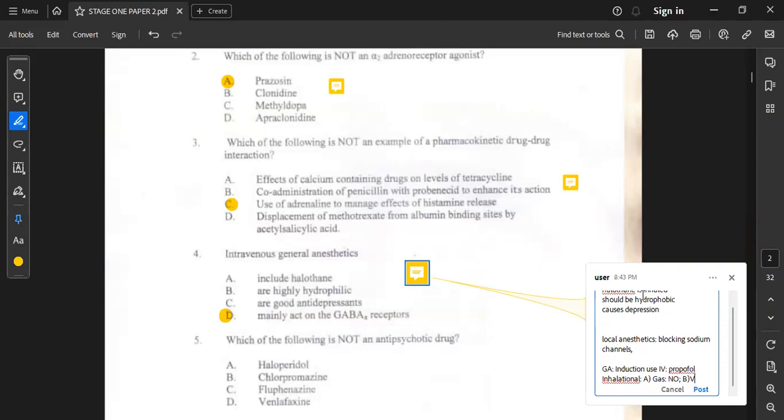So every anesthetic has a disadvantage and an advantage. That's why we cannot have one having all the qualities. And also, they can't work alone. They need adjuvants or adjuncts to facilitate their action, like muscle relaxants, such as succinylcholine and others, or something like atracurium. That's what I can remember.